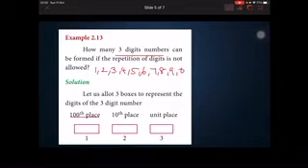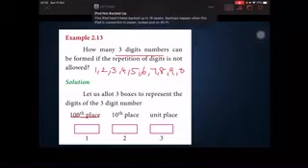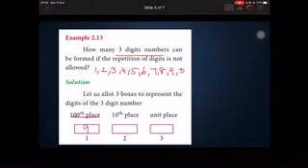Okay, so for the hundreds place, how many options are there? From 1 to 9, and 0. But we have to frame a 3-digit number, so 0 should not come in the hundreds place. First, 0 should not come. So from 1 to 9, you have 9 options to fill this. Any number you can fill, for example, 5.